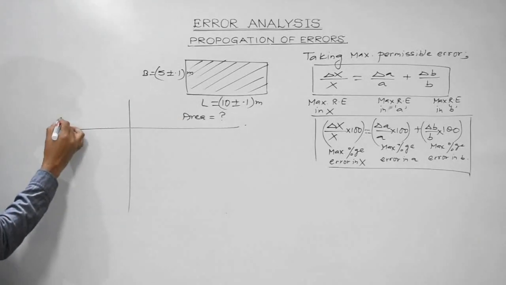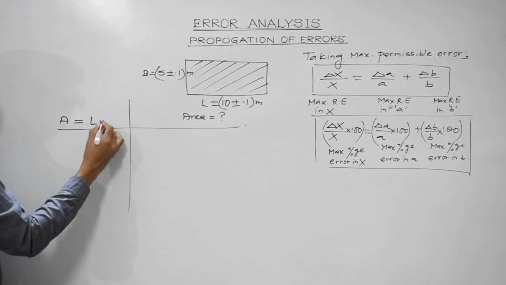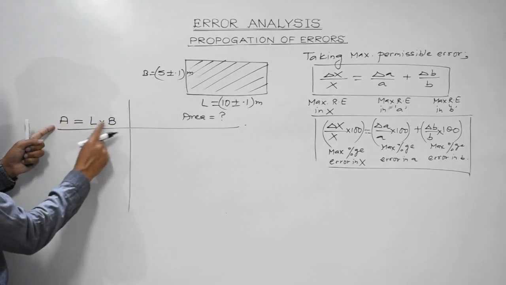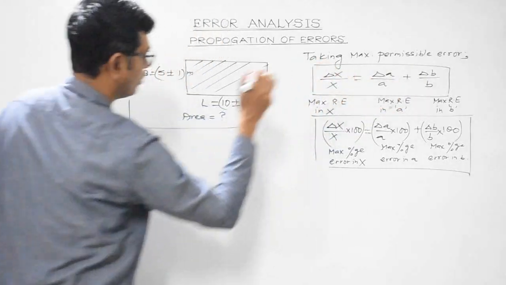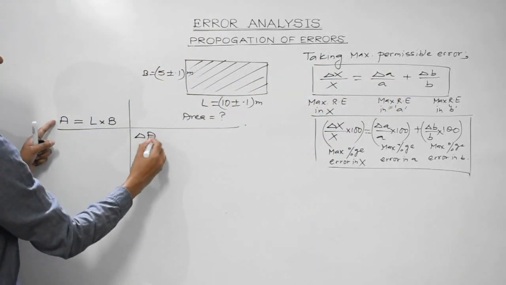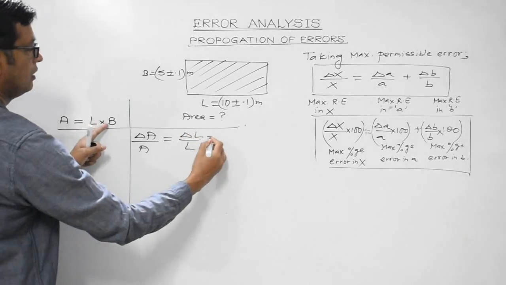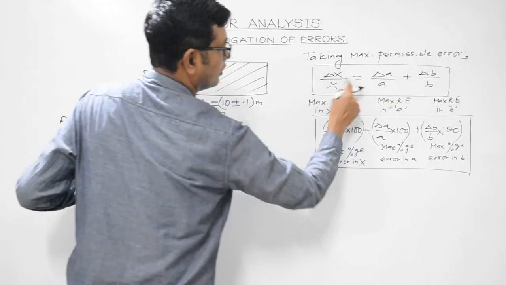What is the true value? The true value of the area of a rectangular field will be length into breadth. And whenever the result involves the product of these two measured quantities, the errors are propagated in this particular manner. So what to do is, del A by A is equal to del L by L plus del B by B. This is what I have used.